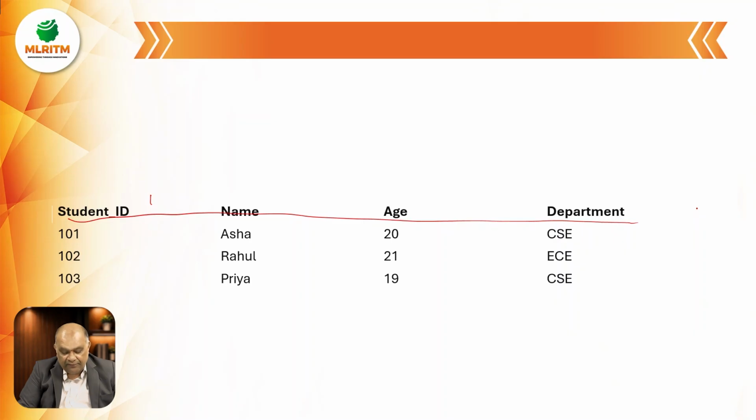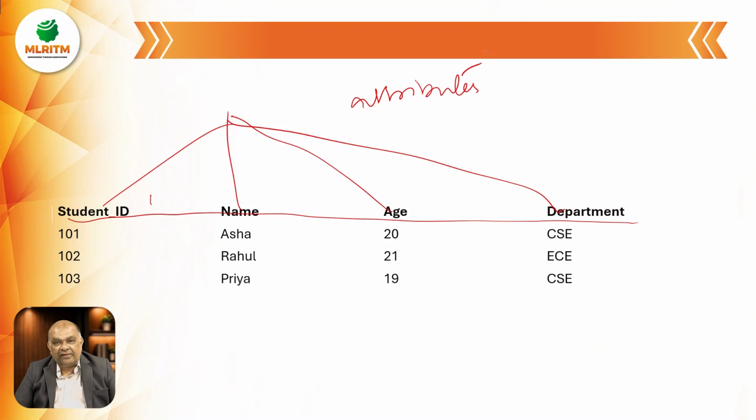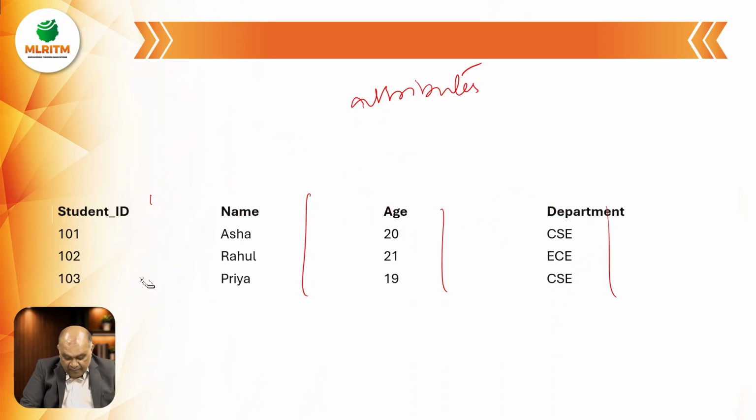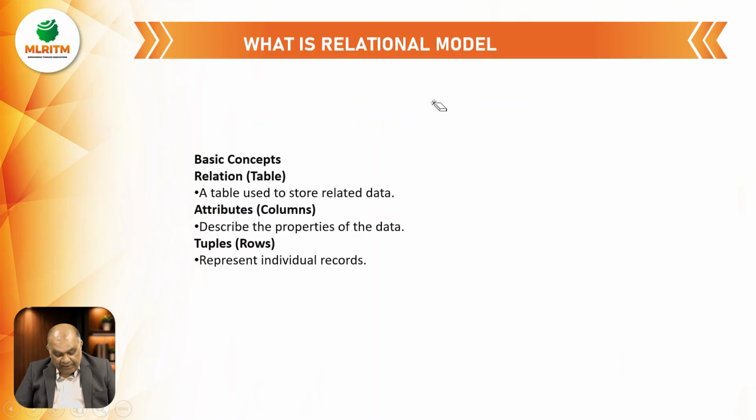As I told you in the ER diagram in my previous ICT presentation, we also call these data items attributes. For each attribute we have data items. We have four attributes, and for each attribute we have three data items.